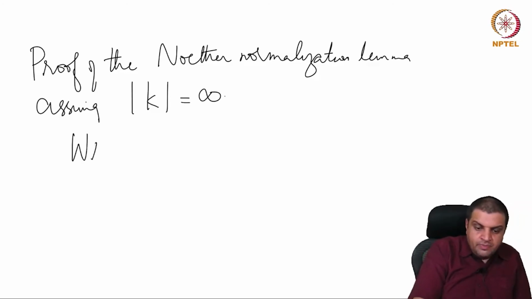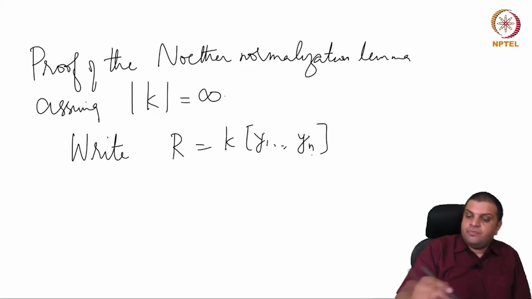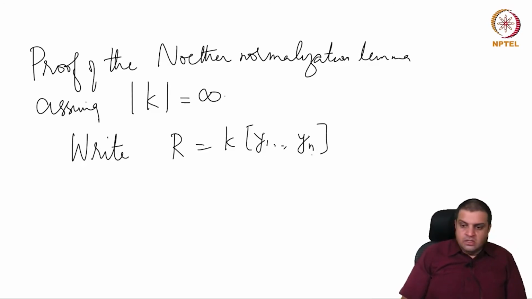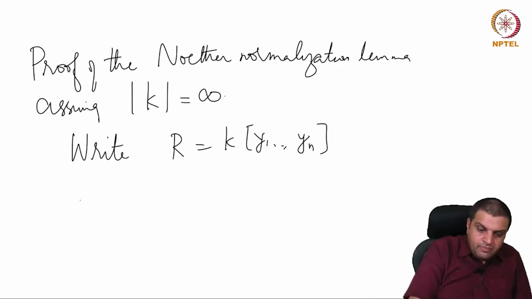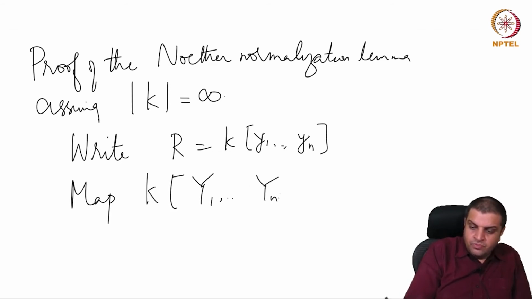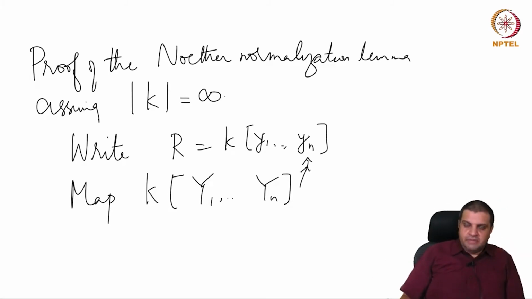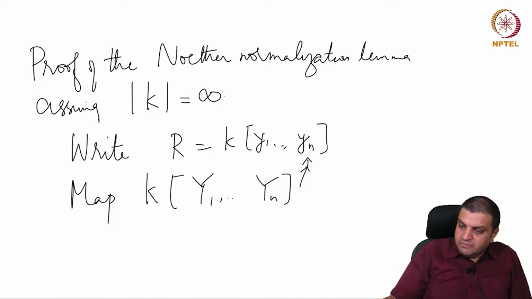So write R as K[y1 through yn], because it is finitely generated, and map a polynomial ring to this surjectively.